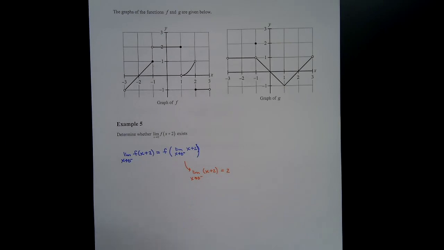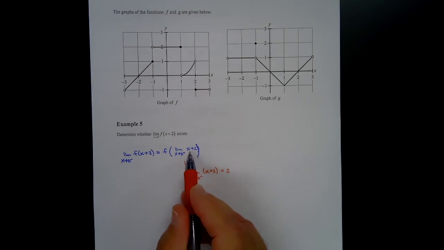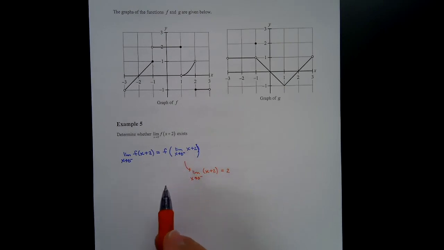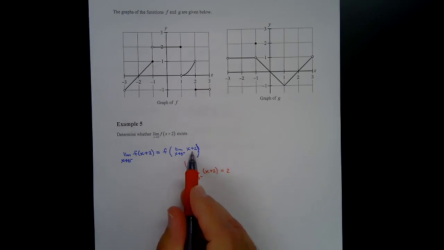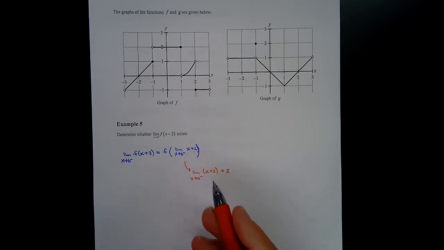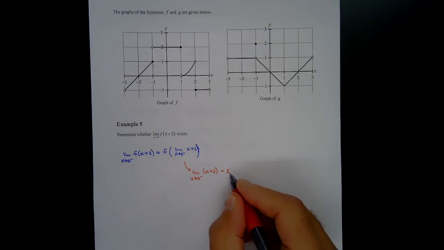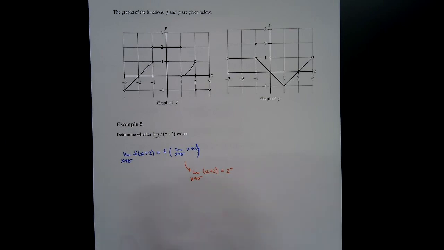Right before it's 0, these are negative. So that means this x right here is just a little bit negative, which would make this a little bit less than 2. So we're going to be approaching 2 from values that are less than 2, so I'm going to put a negative, smaller than 2.